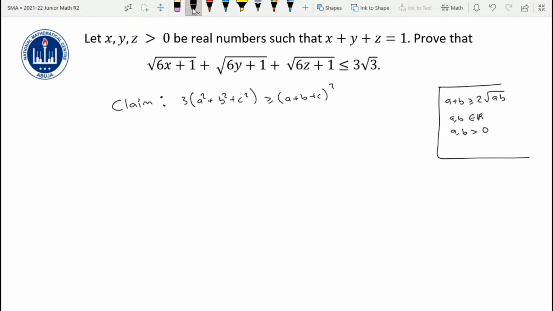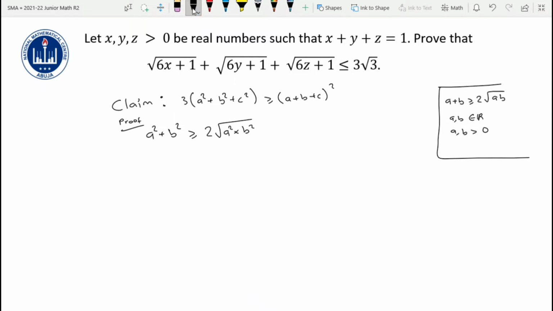And so we'll come back now to our question to prove this claim that we made. From the AM-GM inequality, we know that a squared plus b squared is going to be greater than or equal to 2 times square root of a squared times b squared.